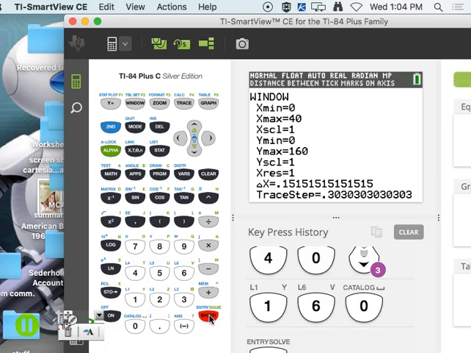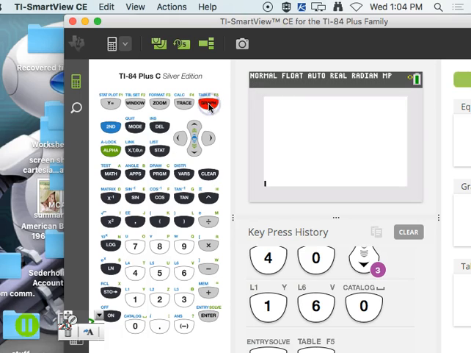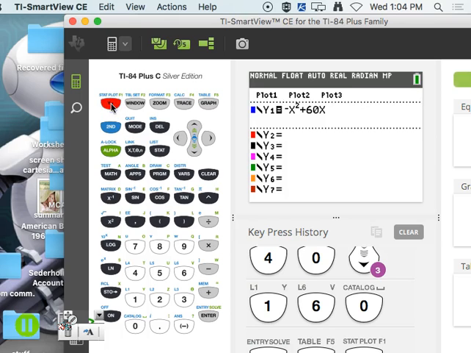Again, if you don't know what to put in any of these, hit zoom 0. I hope that the calculator will fit it in for you the way it's supposed to. But I would just play around with the numbers a little bit. See that? Well, I'm not seeing the top of that thing yet. So it looks like I don't need as many x's as I have in my window.